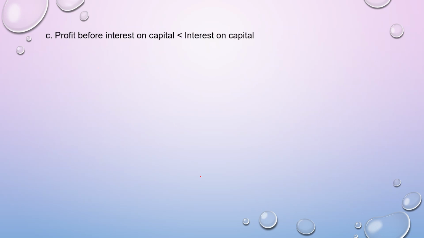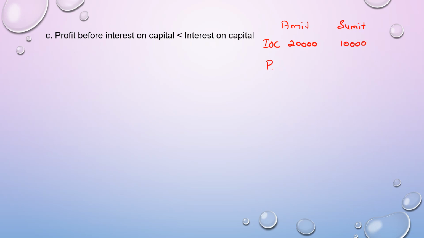Now we'll go further. We'll see the third situation that you can enter. With the same example, we'll see the situation is when the profit before interest on capital is less than interest on capital. Same case we are taking Amit and Sumit. So we have already calculated. So we know interest on capital which they are entitled to is say 20,000 and 10,000 respectively.